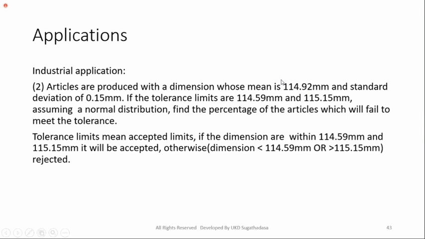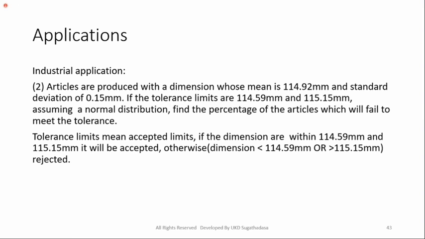Remember, the article has been produced with a mean value. If you calculate the mean value and standard deviation, it will show that part. Now try to understand what this means. Remember, a particular machine is set to produce that particular component, the article, to a certain dimension.